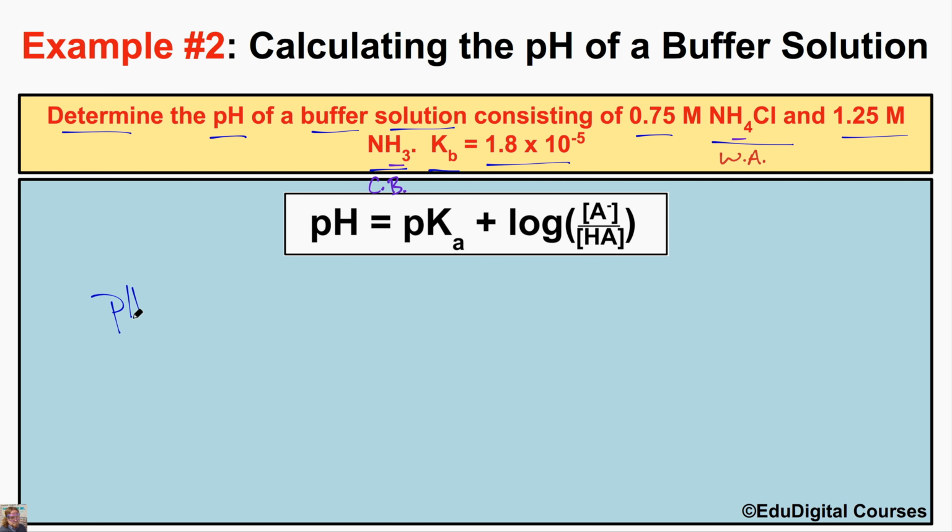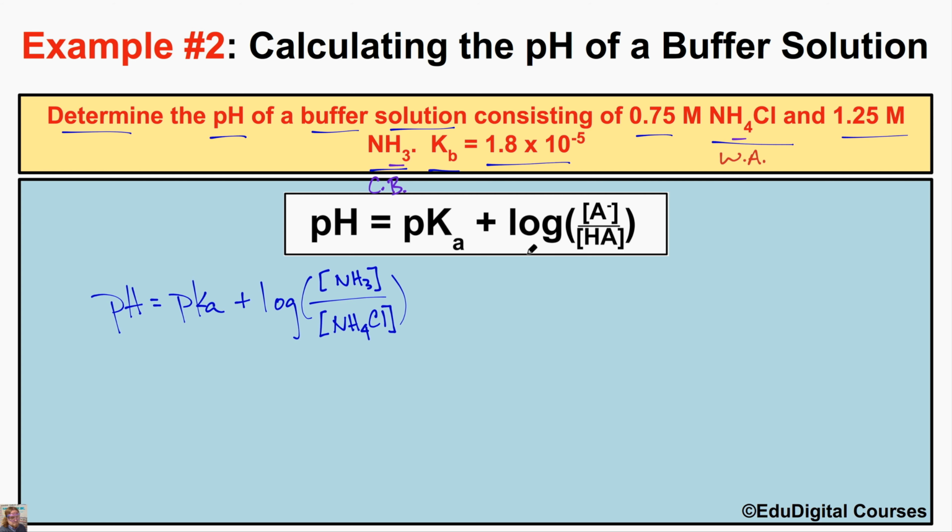The pH of this buffer solution is going to equal the pKa value plus the log of our conjugate base, which in this case here is NH3, the concentration of our conjugate base divided by the concentration of our weak acid, in this case here, ammonium chloride.